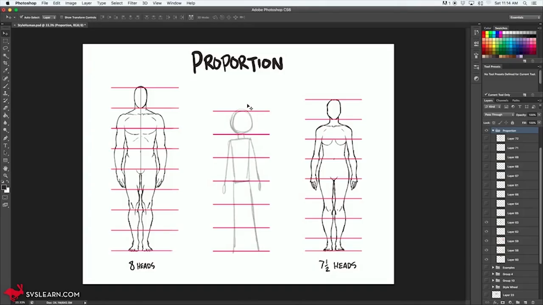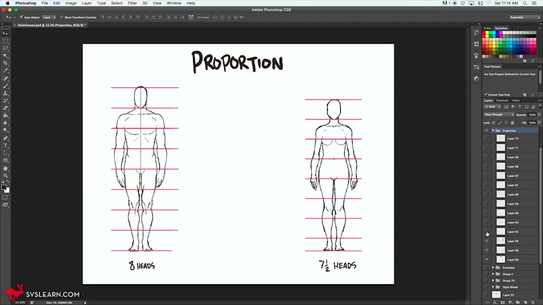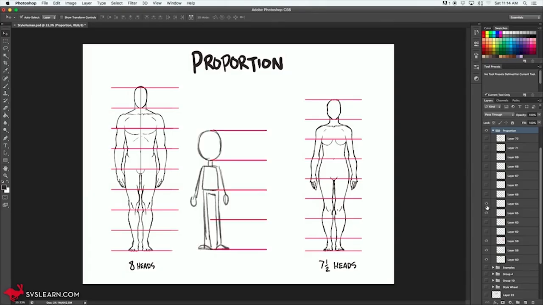But you see here, halfway and halfway, we've got the head to the hips, and also we've got the legs. So this is one approach. Okay, let's look at the next one. This is a 4-headed tall character. Here I have him with his 4 heads divided up.